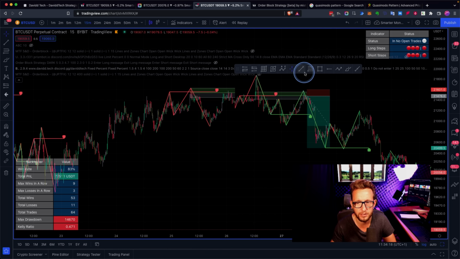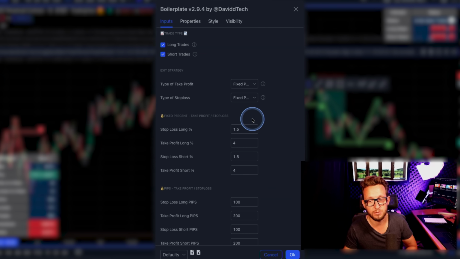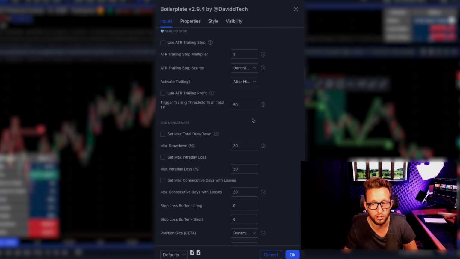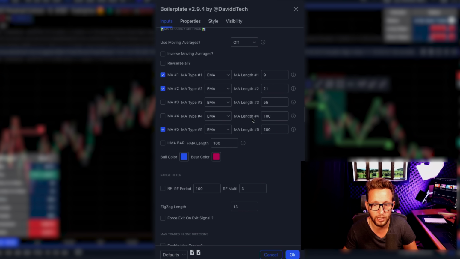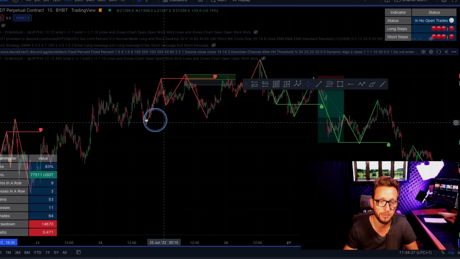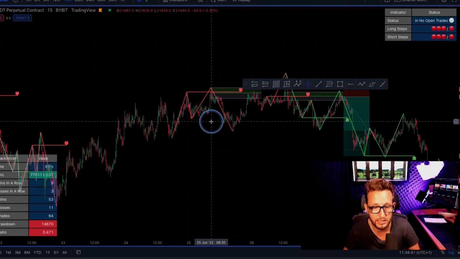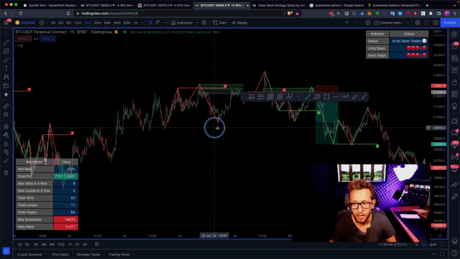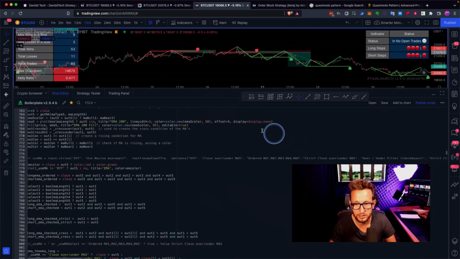If you haven't seen the DaviddTech before, I create strategies which you can actually change lots of things on and make them even better by adding things like trailing stop losses and maybe adding more confluence with EMAs and things like that. I've just gone through the most simple version of this trading strategy for us to get the best possible entries. Okay, so let's have a look at the back testing results to see what we get.